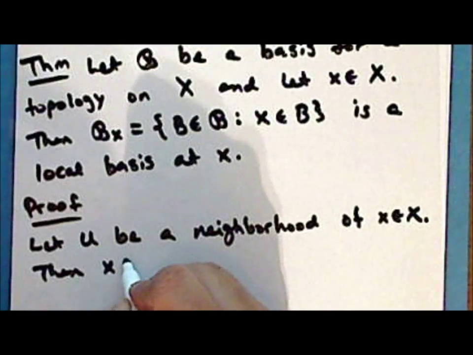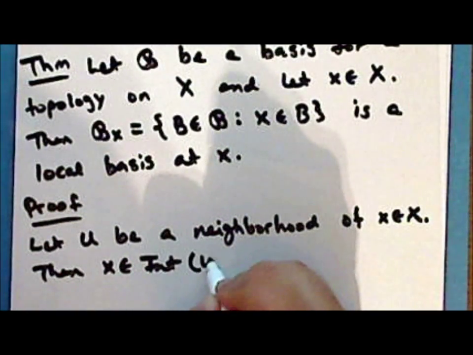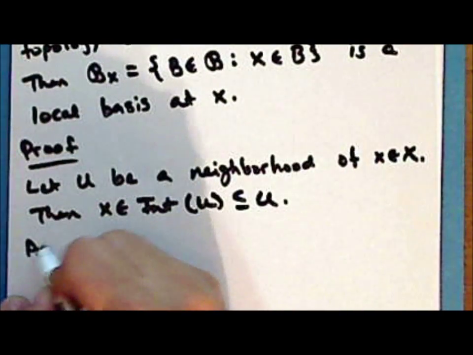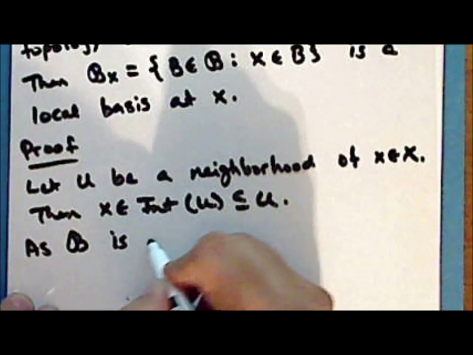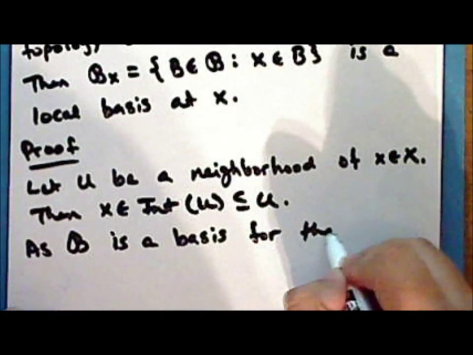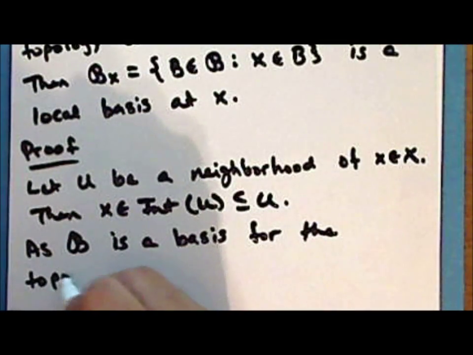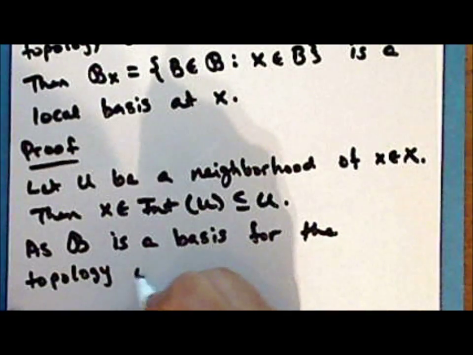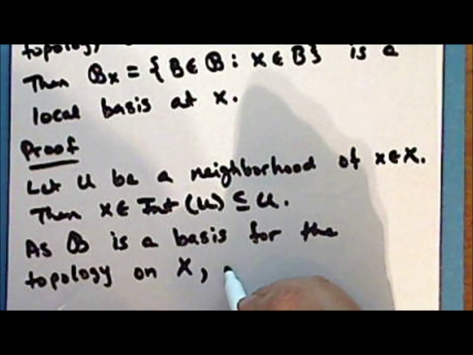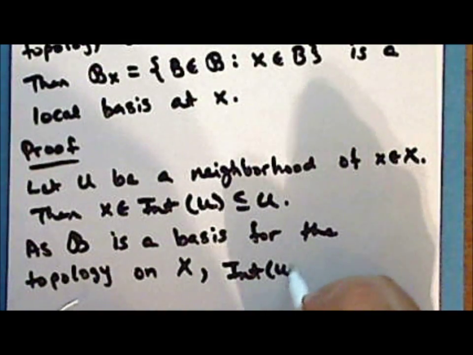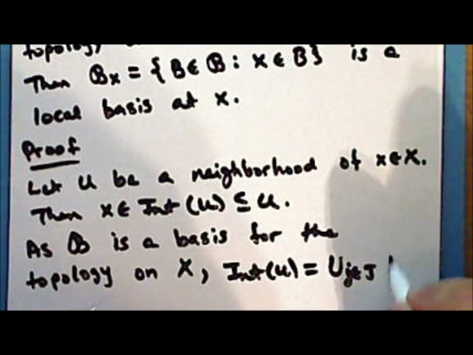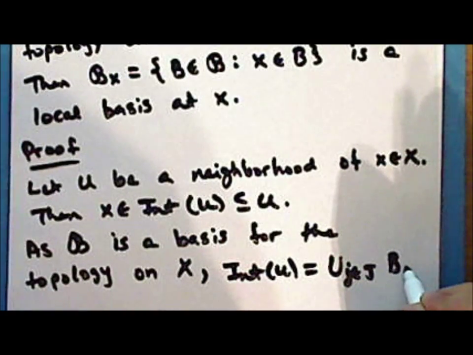Then that point is in the interior of the set U, which is a subset of the set U. Now, as the collection script B is a basis for the topology on the space X, we have that the interior of U, which is an open set, is a union of some basis elements.